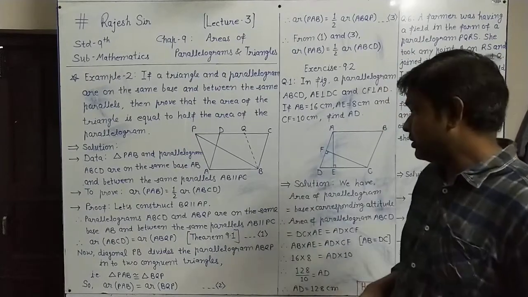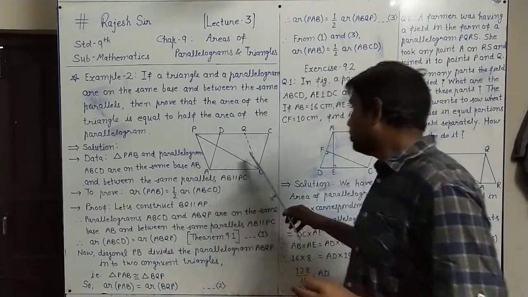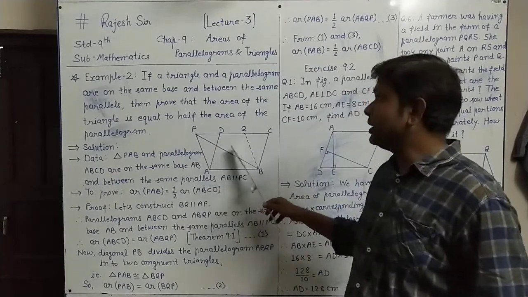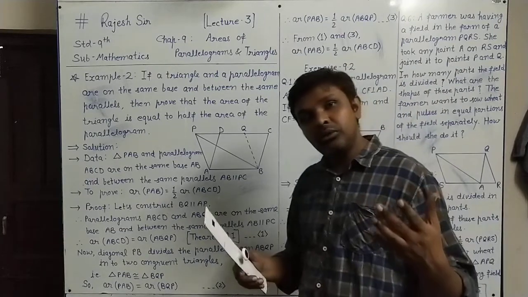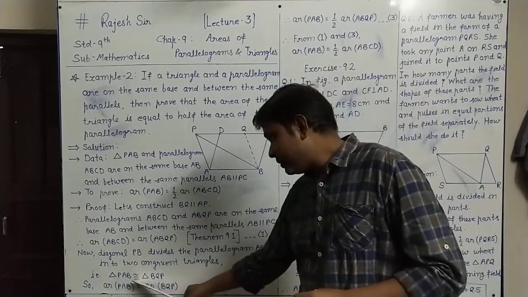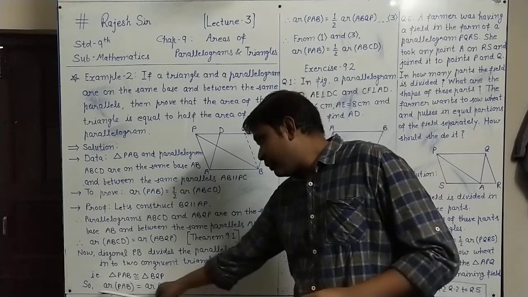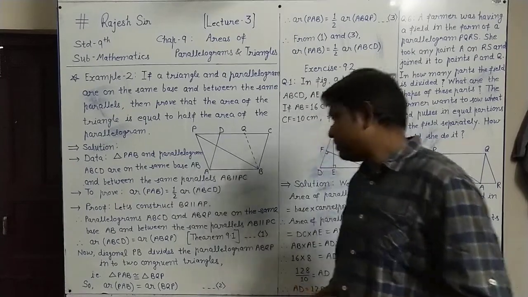We know that if triangle PAB is congruent to triangle BQP, then, as we saw in the beginning of this chapter, two congruent figures have equal area. If these two triangles are congruent, their areas will be equal. Therefore area of PAB equals area of BQP, which is result 2.